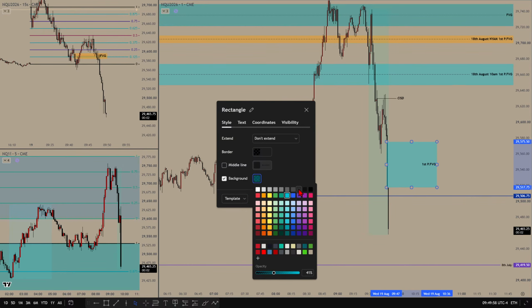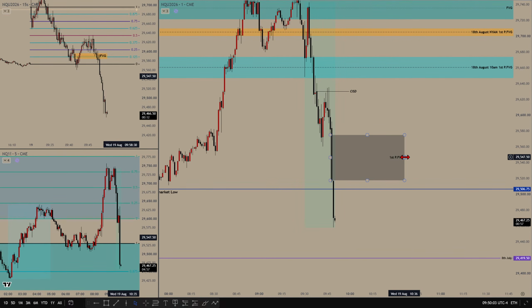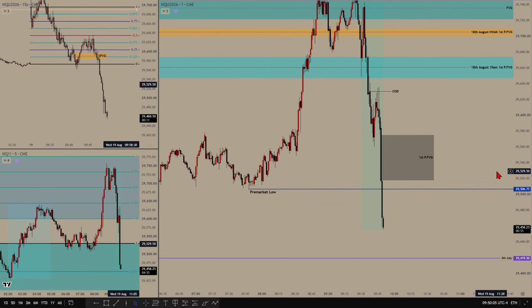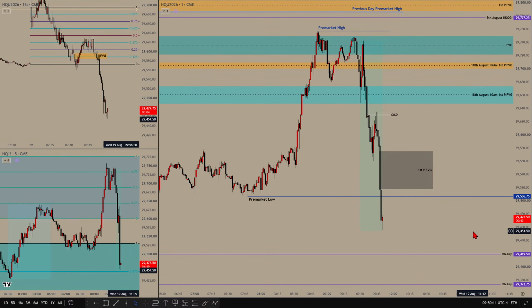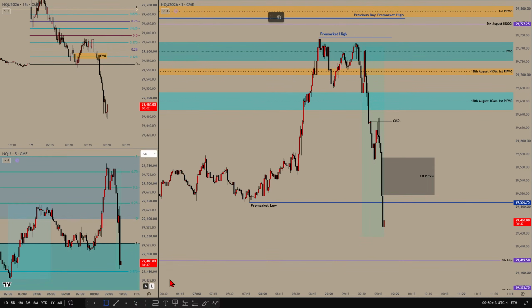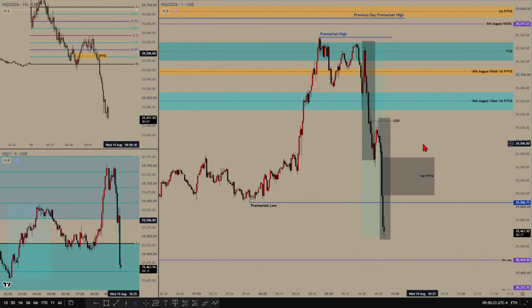Alright, now we've finally got a first presented fair value gap right as a macro here. I'm hoping you can see the difference in the price delivery from here compared to the price delivery from here.